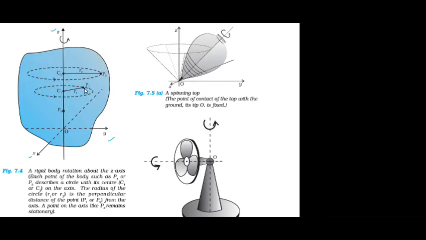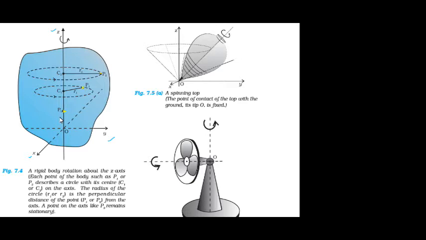So let us consider 3 points: P1 one point, P2 another point, and P3 a third point. P1 is rotating about the axis, P2 is also rotating about the axis, and P3 is on the axis of rotation, that is, on the z-axis.